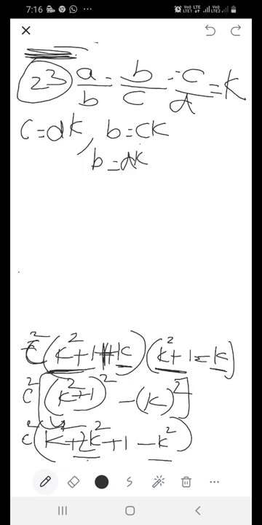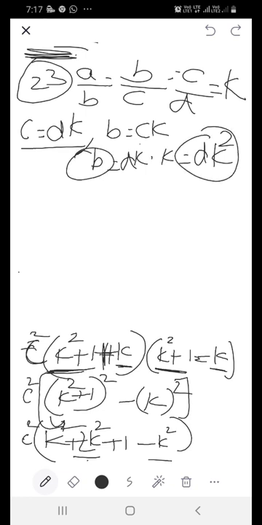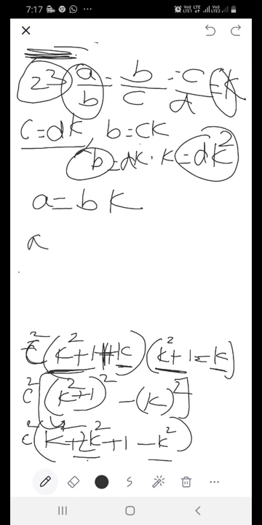DK into K, it will become DK square. So C will be DK, B will be DK square, and what is A? A is BK. From here you see A is BK. And replace the value of B by DK square. DK square into K. It will become DK cube.